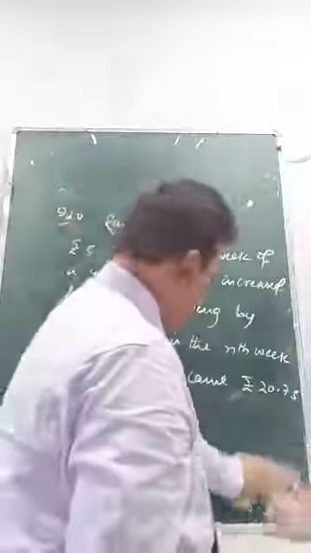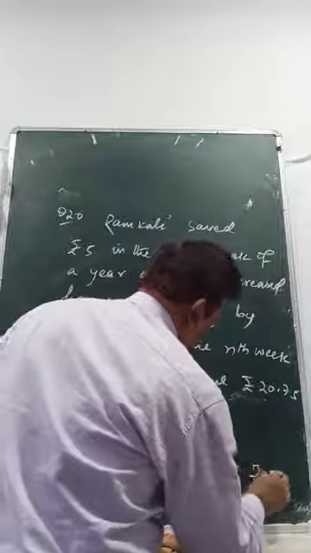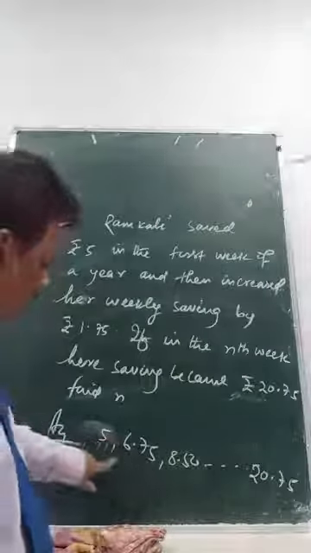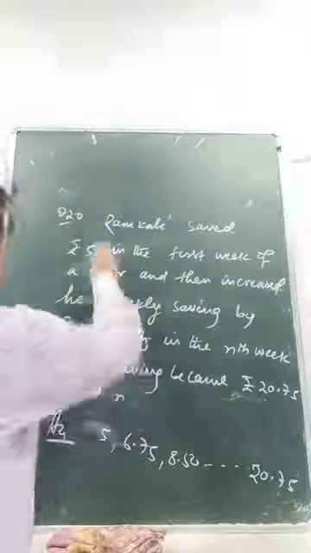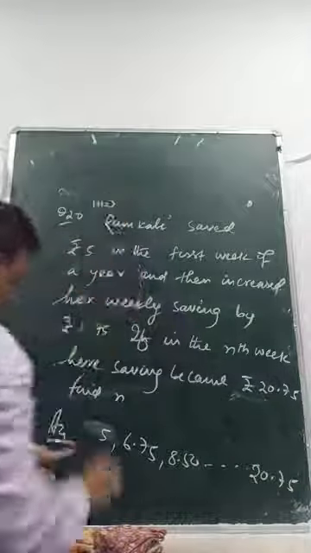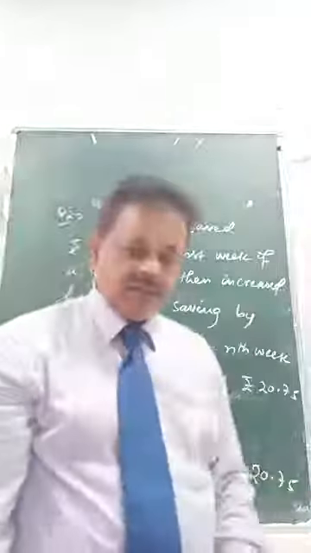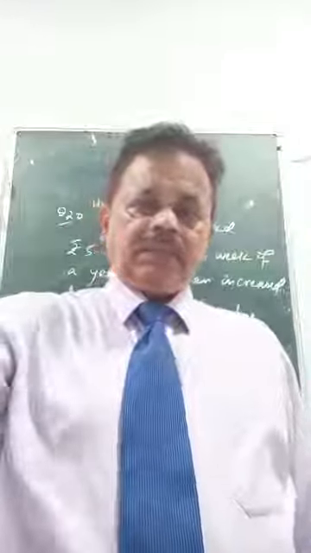The last saving is 20.75. So this is A, this is D, and this is An, and find n. So try to complete, this is homework for you. Very simple. D is 1.75, A is 5, An is 20.75. Solve and show me. Tomorrow we will do the sum of the AP numbers.